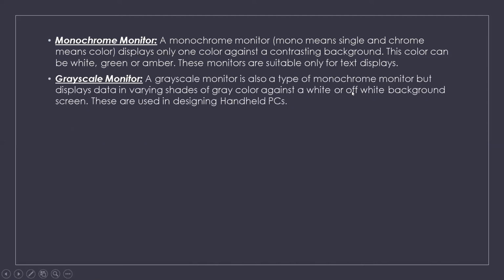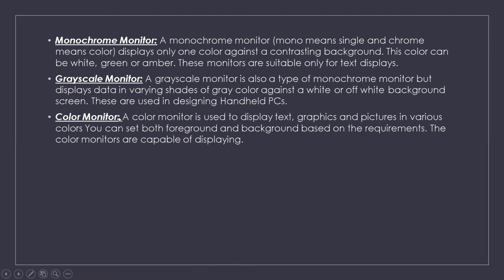The second one is the grayscale monitor. A grayscale monitor is also a type of monochrome monitor, but it displays data in varying shades of gray against a white or off-white background screen. These are used in designing handheld PCs. I'm going to show you how they look. And the third one is the color monitor, which we are using currently.